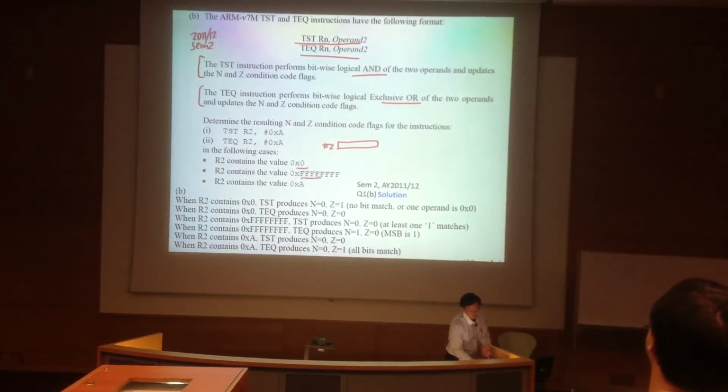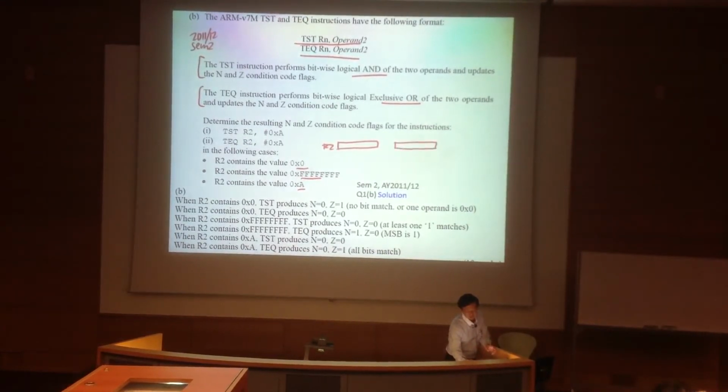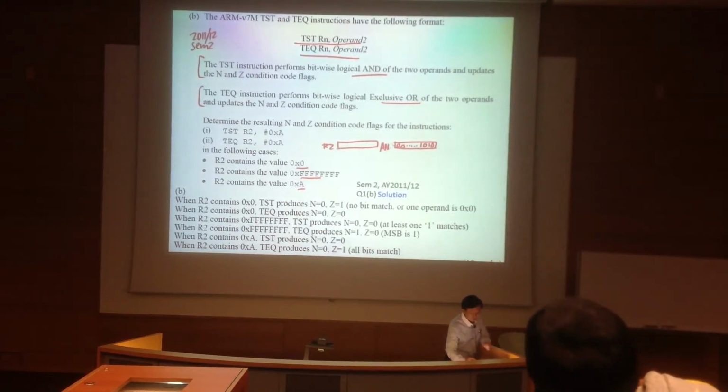It may be 0, it may be all F's, it may be A. However, you are going to act on this with another value that is always A. So A is 1, 0, 1, 0, and everything 0 in front of it. If you are doing TST, it is an AND; if you are doing TEQ, it is an exclusive OR. The instruction itself is EOR, but this is the operation.